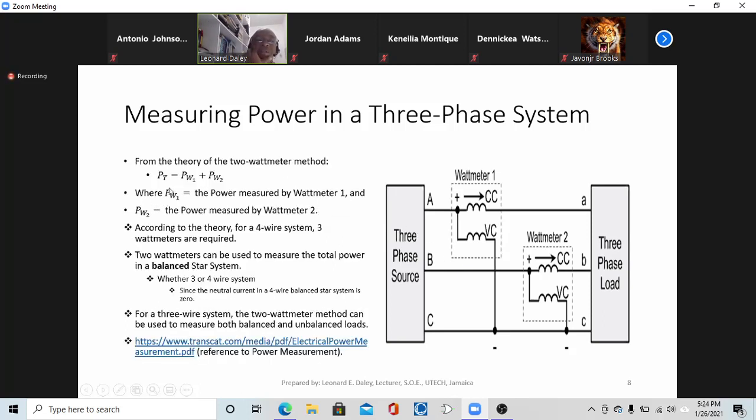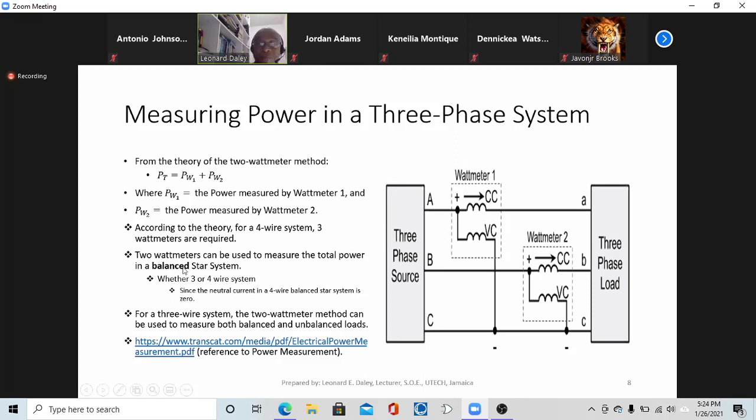All right, now from the theory of the 2-watt meter method, the total power can be given by the sum of the readings of each watt meter. So I call PW1 the power measured by watt meter 1 and PW2 the power measured by watt meter 2. All right. For a 4-wire system, according to the theory, we need 3 watt meters.